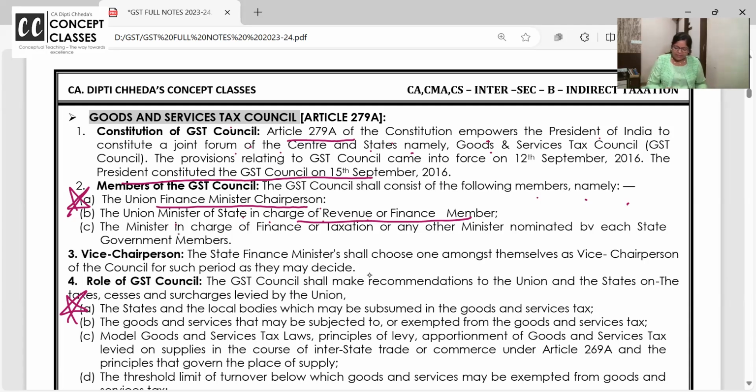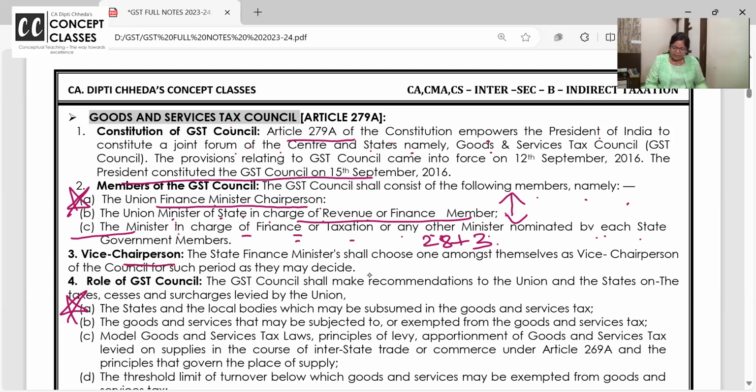That is here, ministers in charge of finance nominated by each state, right? So 28 states plus 3 union territories with legislation. See, this person is a bridge between the first and the third. The Union Finance Minister is the chairman. Then the Union Minister of State will make a bridge, and all these will be the members.